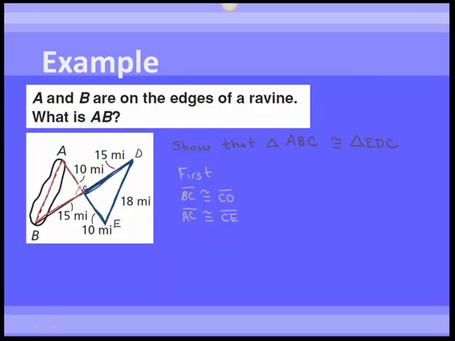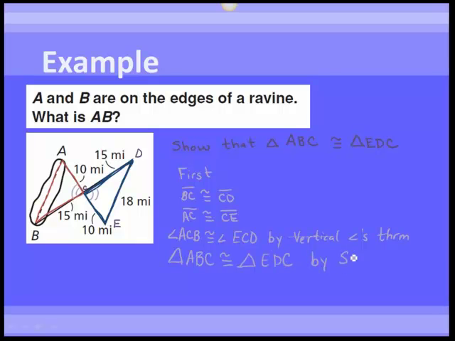And I also know that this angle is congruent to this angle. So angle ACB is congruent to angle ECD by the vertical angles theorem. So now I know that the triangles are congruent. So therefore, triangle ABC is congruent to triangle EDC by the side-angle-side postulate.